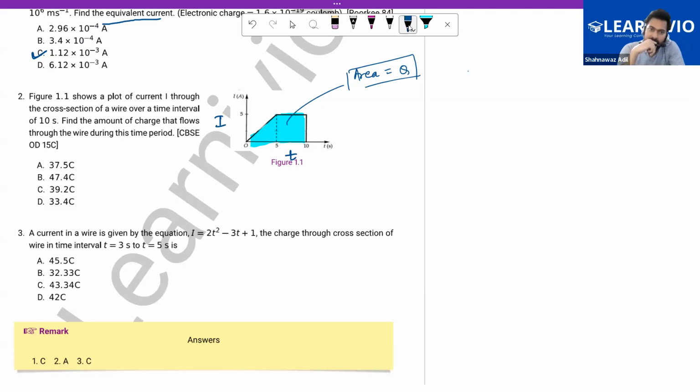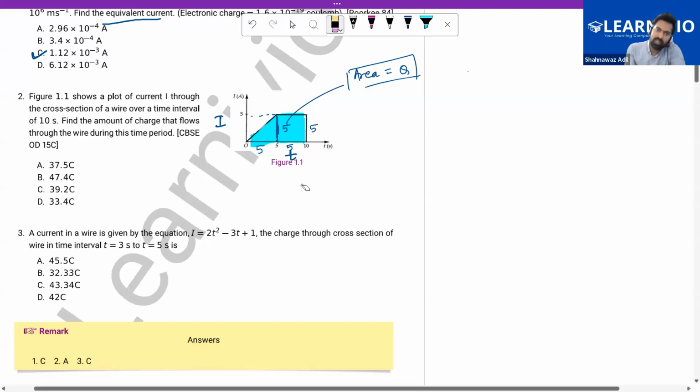So let us write all the values. From here to here, what is this value? This height is 5. From here to here it is 5, and from here to here it is 5. Clear?